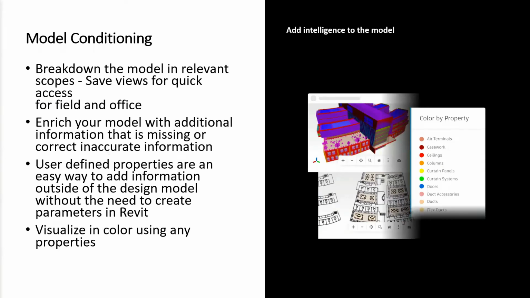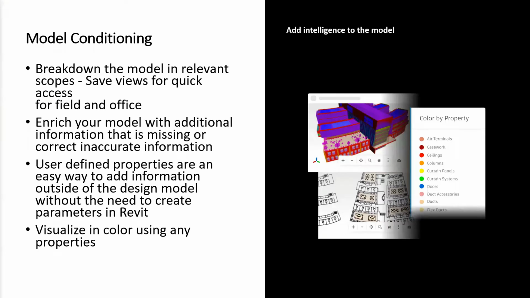Assemble facilitates model conditioning and data exchange for user-defined properties without the need to create the parameters in Revit, right? This is key because now you're not relying on design teams or the BIM manager to update or change information within the model that can easily be done by the extended team, which is mitigating a huge bottleneck that we talked about earlier.